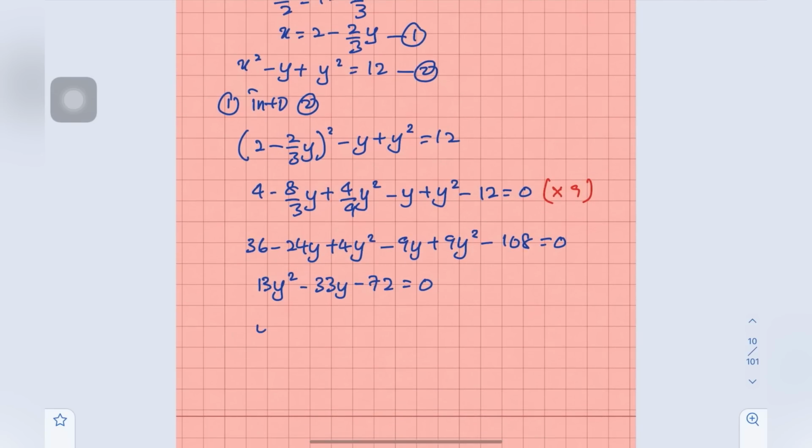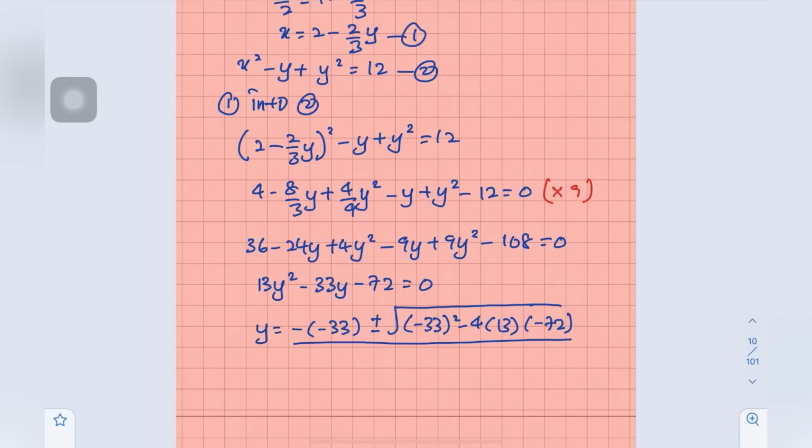So it's y, not x. So y is negative b, so negative 33, plus minus square root of negative 33 squared minus 4 times 13 times negative 72, over 2 times 13.